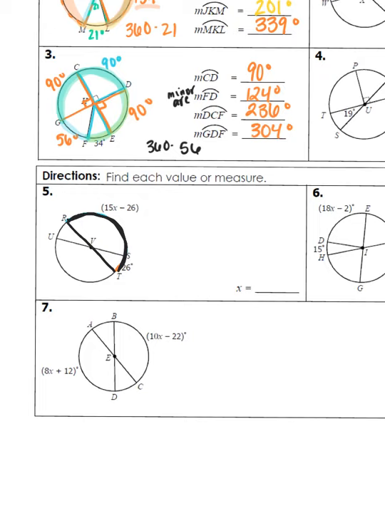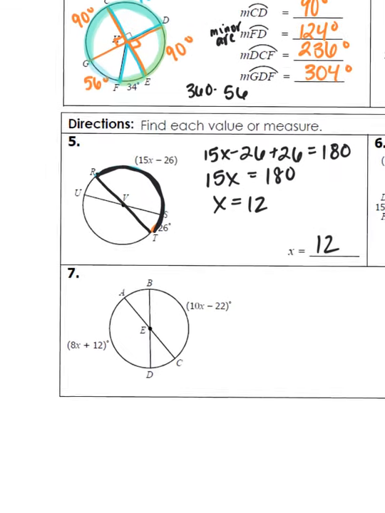And I know that they create a semicircle because RT is diameter. It goes straight through the center. I also know that a semicircle is equal to 180 degrees. So I can set up an equation adding my two arcs together and setting them equal to 180. We can go through and we can solve from there. And we get x equals 12.